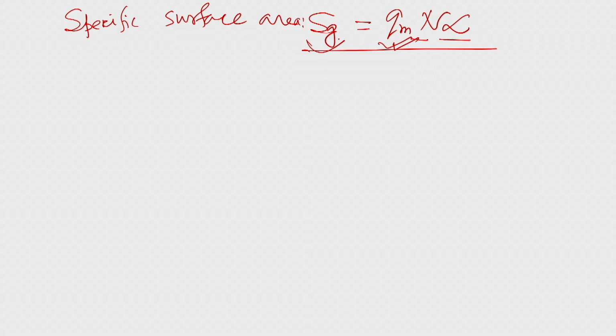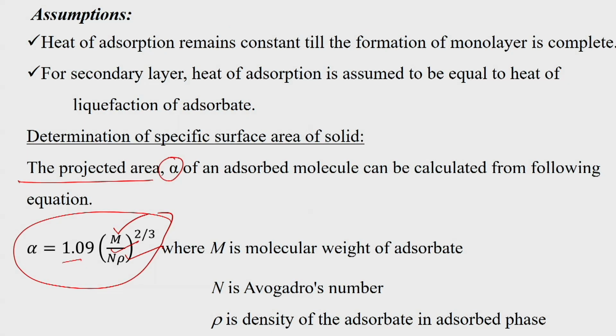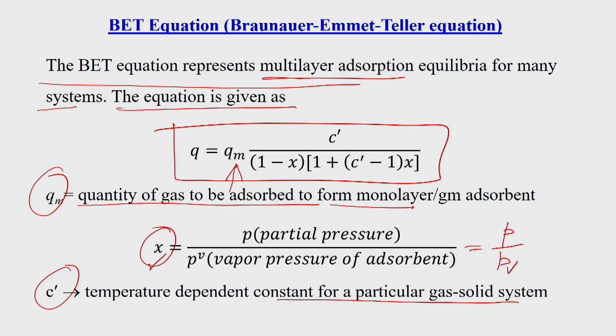Okay. So, now we need to calculate this Sg. For that we need to put x as P by PV in the BET equation. So, in this BET equation, Q is equal to Qm into C prime by 1 minus x into 1 plus C prime minus 1 into x.